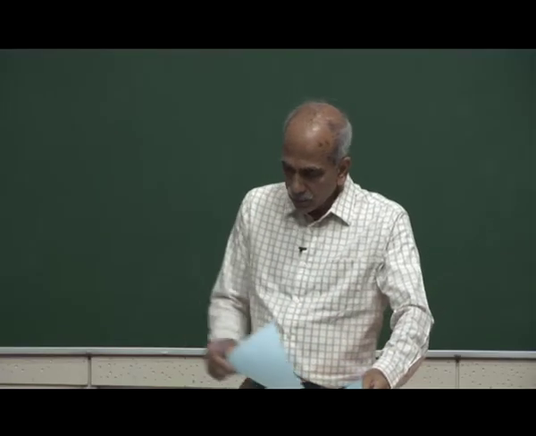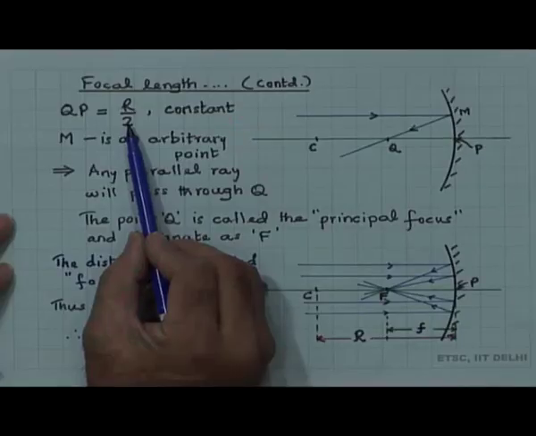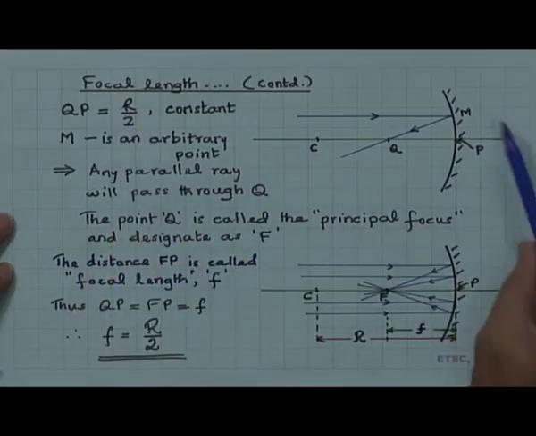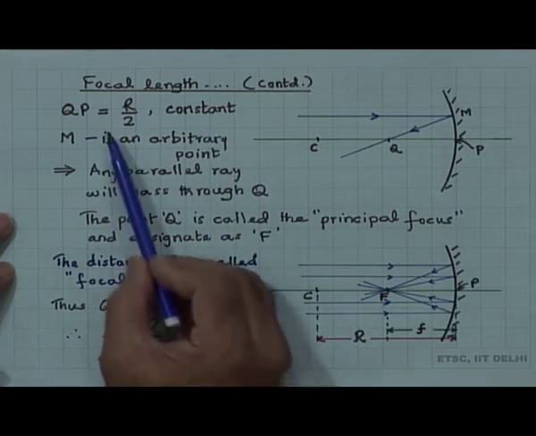Now, what we have got is QP is equal to R by 2. The radius of curvature is constant for a given mirror and therefore this is a constant. What does this mean?